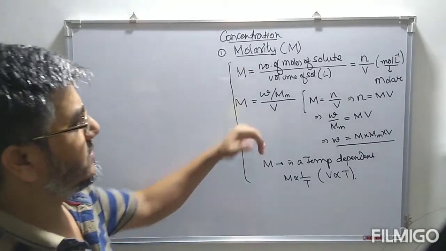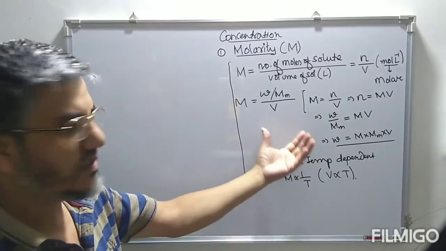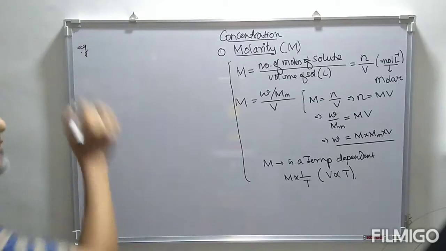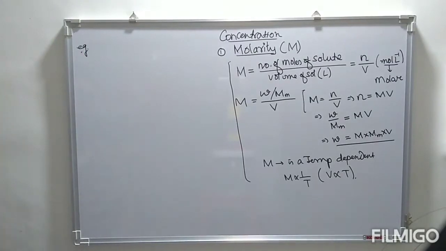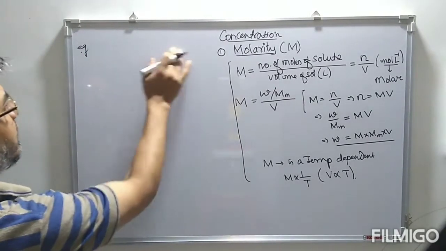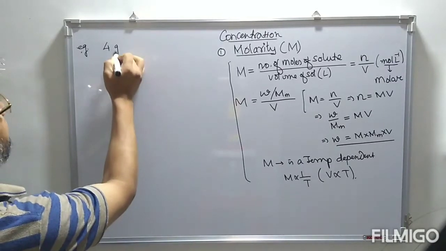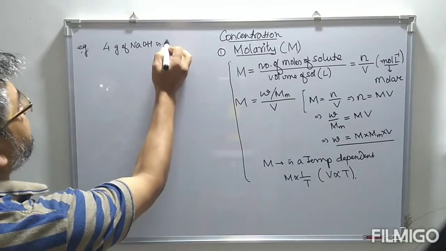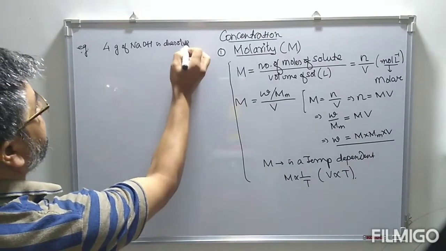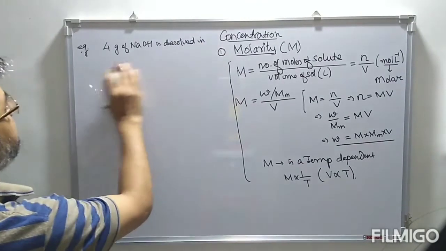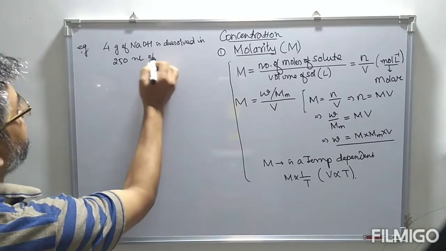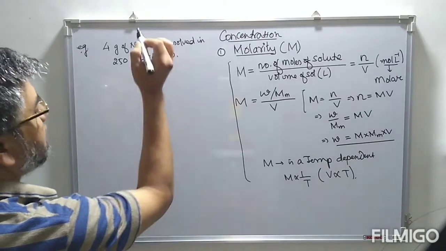Now let's explain this by taking an example. Suppose 4 gram of sodium hydroxide is dissolved in 250 ml of water.